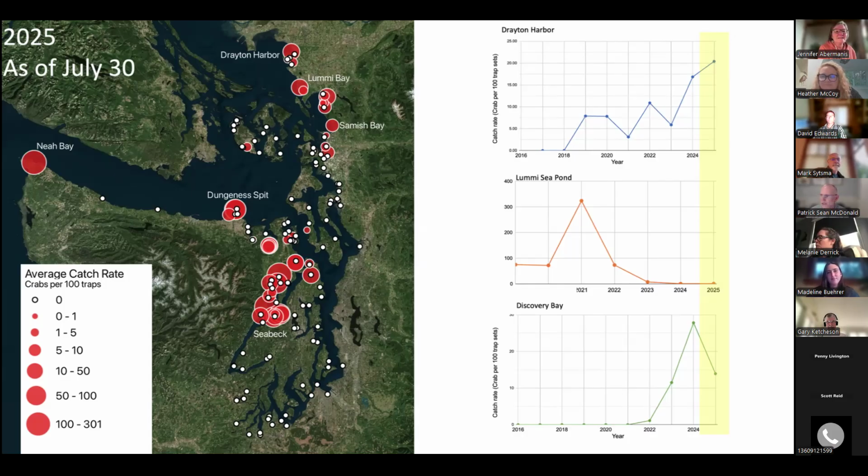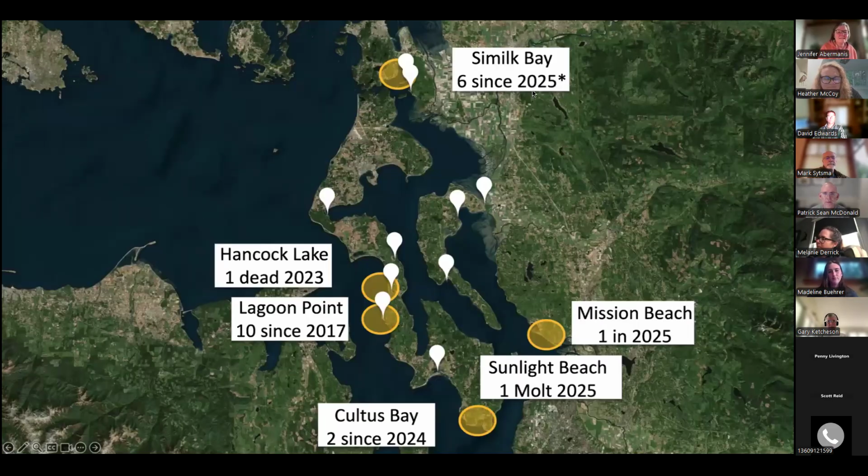Well, I'll go back to this graphic here. It might be helpful to zoom in on Whidbey. One of the things that's really interesting about green crab is that although they can survive in a lot of different places and they have a broad range of tolerances, they tend to become initially established in particular types of habitats.